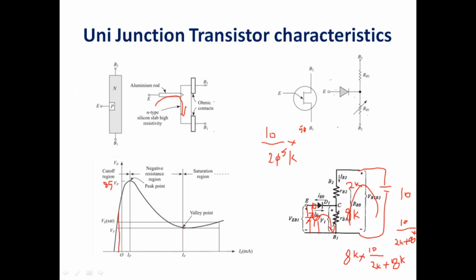10 divided by 2k plus 50 ohm, not this; this is 500 divided by 2.05, that is 243 millivolt, which is about 0.2.